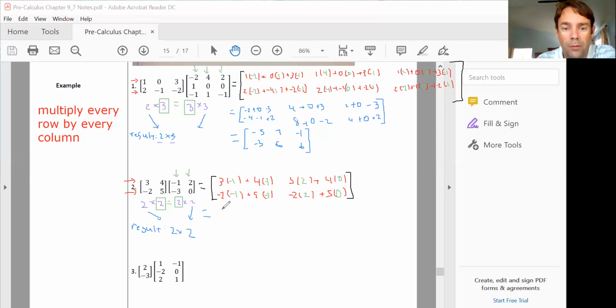So now we do our simplifying here. -3 plus -12. We have 2 plus a -15. We have 6 plus 0.